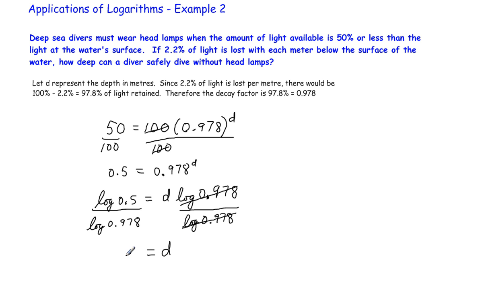And if you're good with your calculator here, you get approximately 31.15. Okay, so basically, we would round that to the nearest meter. Divers can descend about 31 meters before they would have to start using headlamps to see.